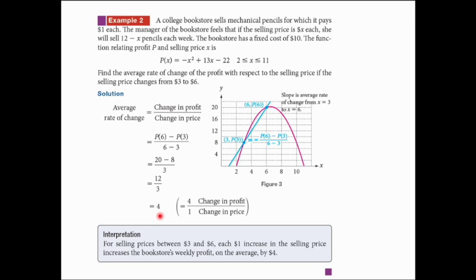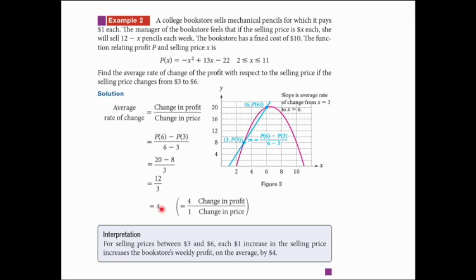Now, when we interpret this, because it's in the context of a problem, we need to identify the independent and dependent variables. Because remember, the top value when we're calculating the average rate of change is the dependent, or what we look at as the output, or the y value. And then below is the x, or the independent value.